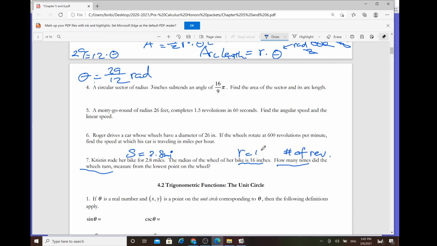So the first thing you want to find out is, well, let's find out theta. There's no need to find out the linear speed. Once you find out theta, guess what we can do? We can convert that to the number of revolutions. So it's a two-step problem.